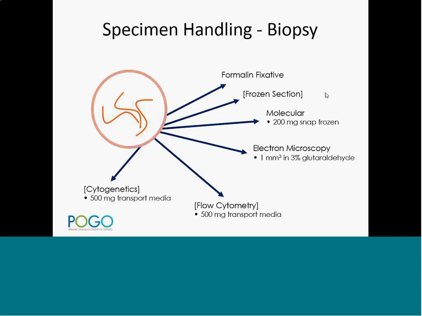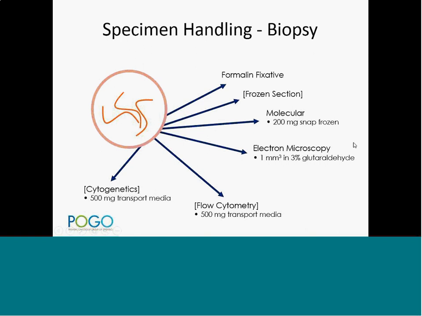If we don't do a frozen section, then we certainly will snap freeze tissue, 200 milligrams being quite generous there. I don't think we reach that very often. And our cytogeneticists and molecular geneticists are very good at getting the most out of small pieces of tissue. We do electron microscopy, if it's available.